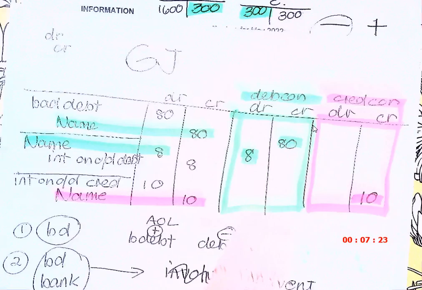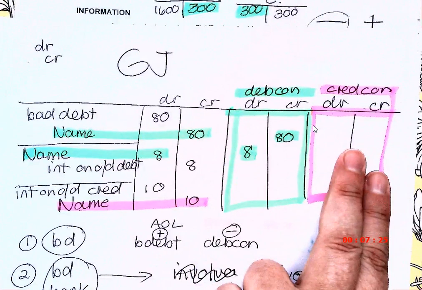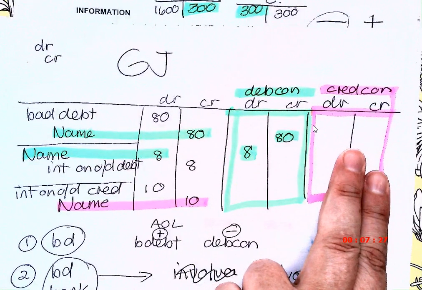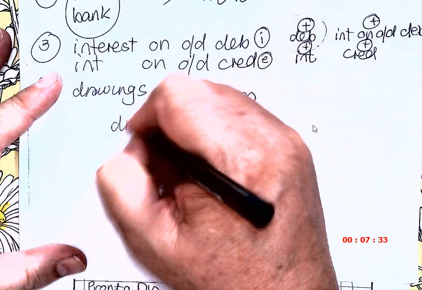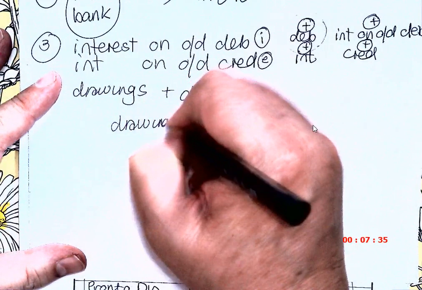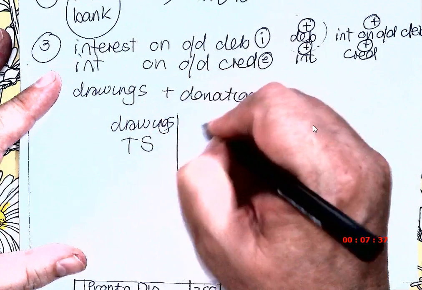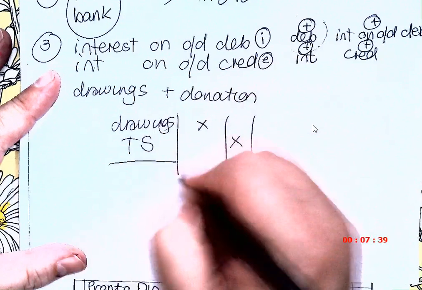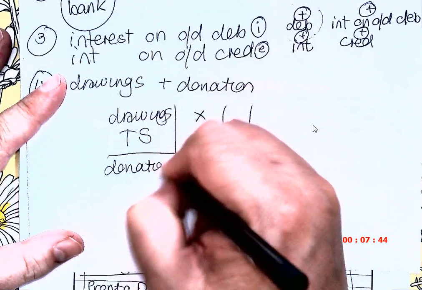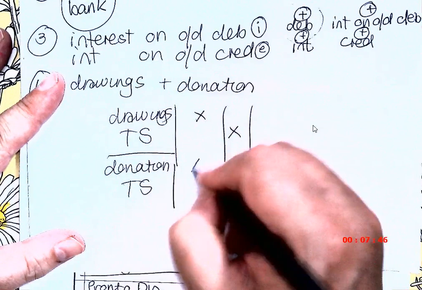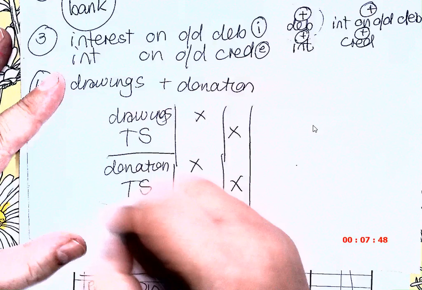And then we are not going to use the debtors and the creditors because it doesn't influence them. So what will happen with that is I will just say, okay, every time drawings debit, let's say trading stock credit, debit credit. Donation debit, trading stock credit, debit credit.